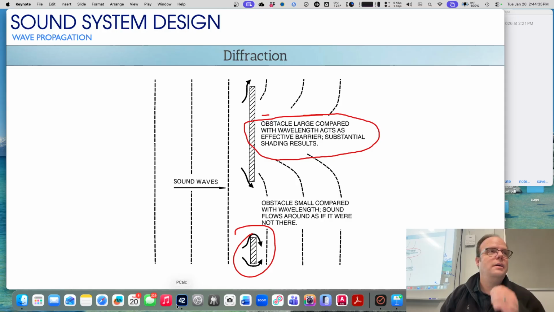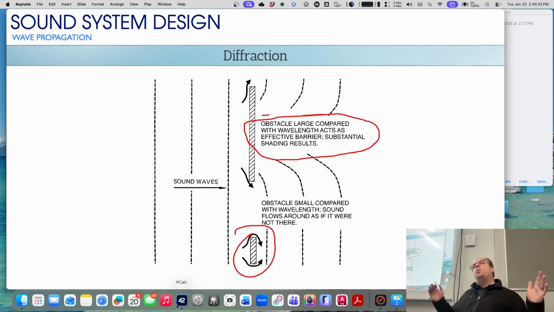So is that the same for an instrument then? Yeah, any object, right? So now think about a scenario where we want to stop the sound. Maybe it's the opposite. Maybe we've got too much sound over here and we want to stop it, like offstage noise, or you've got a bunch of musicians sitting on a stage or in a pit, and you're getting bleed between the microphones, or this musician is saying, hey, this person's too loud, they're blowing me away, and you want to stop that.